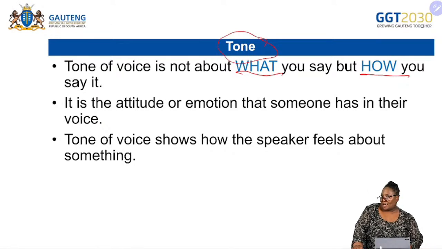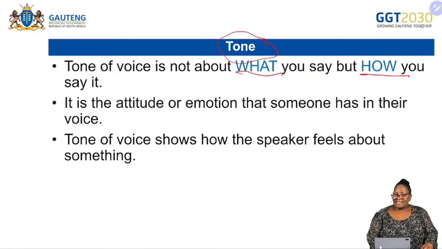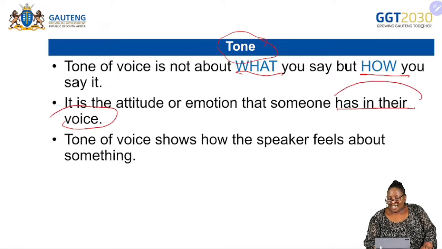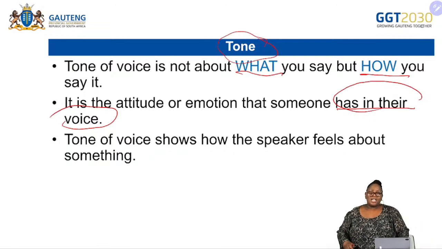When you are happy, that's how you say it. It is the attitude or emotion that someone has in their voice when saying certain things. You can read their emotion in their voice. Tone of voice shows how the speaker feels about something.